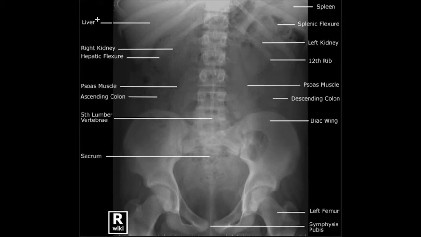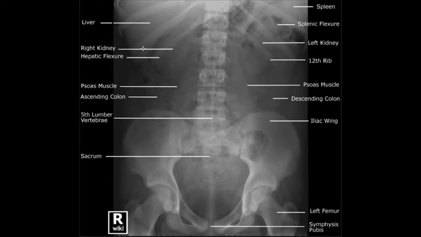Those are also viewed in the abdominal x-ray. So number one, we'll start with the liver here. Alright, so we can see the liver right here. You can follow my cursor. You can see the tip right here. This is the shadow of the liver following all the way up. So this is the liver region right here.